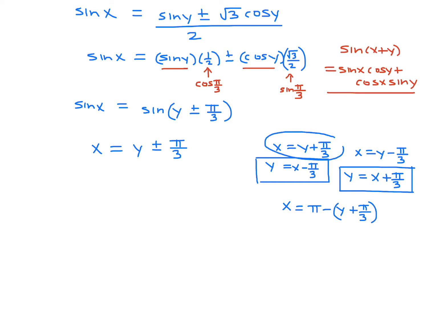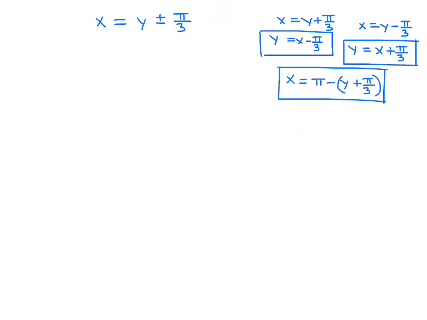Because if x is equal to y plus pi over 3, and you take the sine of it up here, if you subtract that from pi, and then you take the sine of it, it will result in the same value. So this is also an equation that you can create. Now what we have to do is we have to plot these three, and that will help us figure out what they want in the question, which is an area.